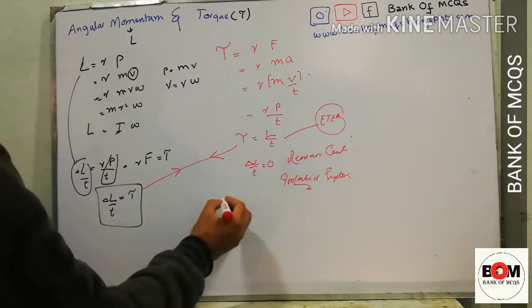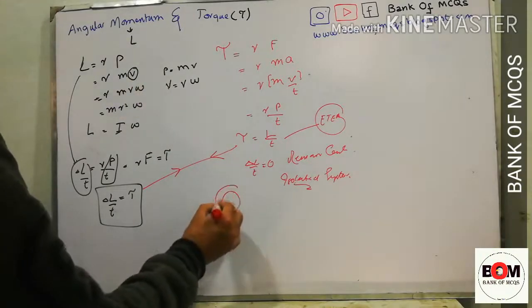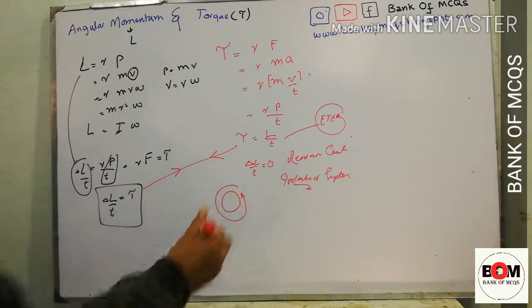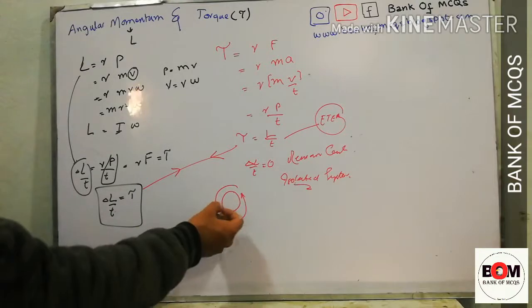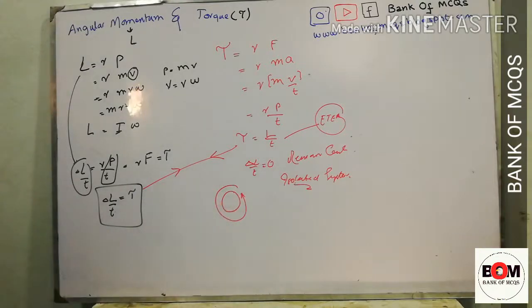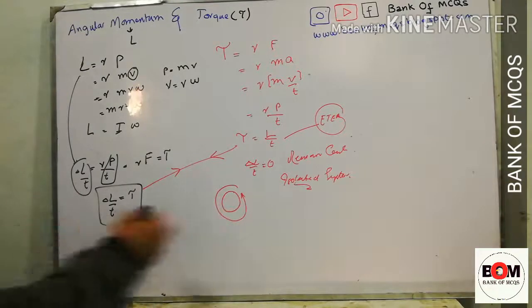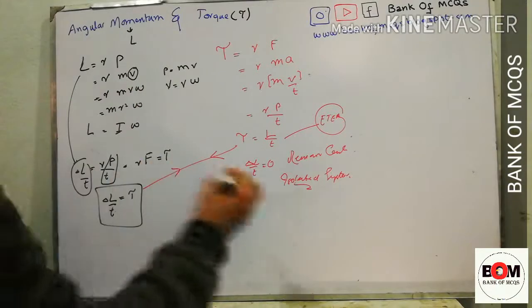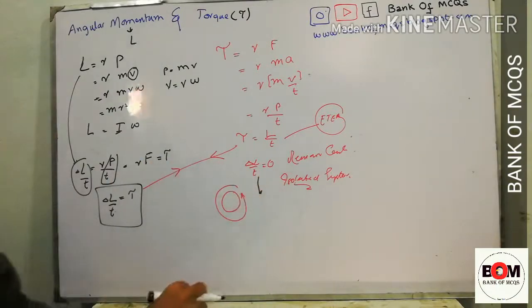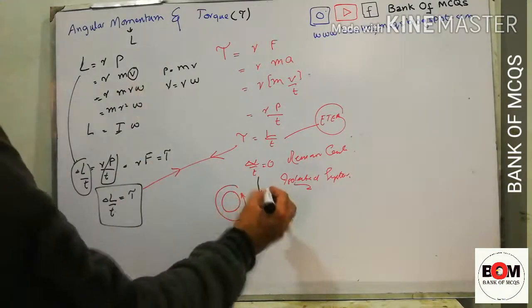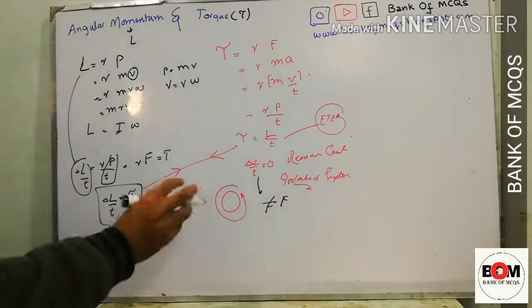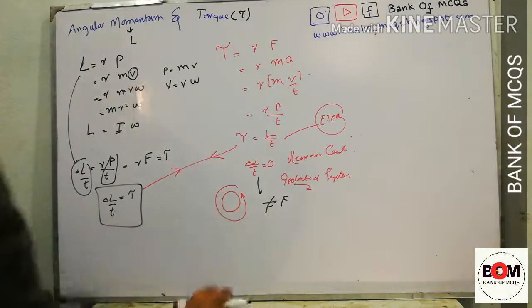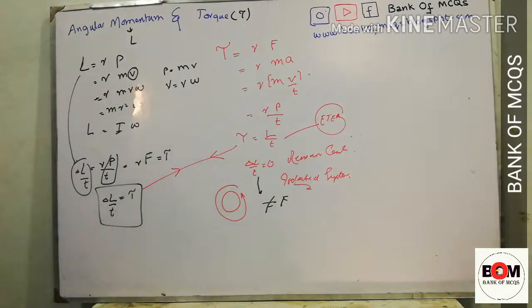For example, a body is rotating around its own axis, so there is no force acting on it, so we can call this an isolated system. And this delta L by t is equal to 0. This means that in the absence of any external force, the total angular momentum of the system remains constant.